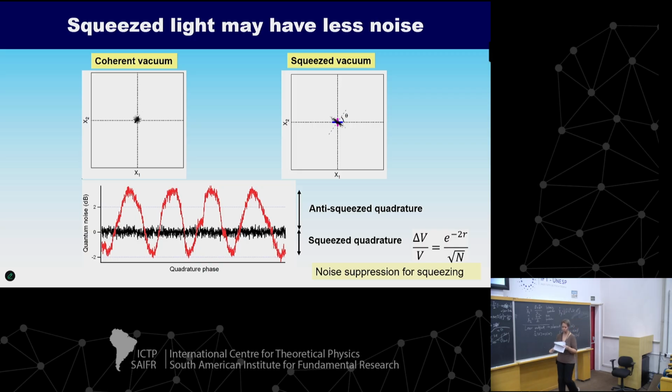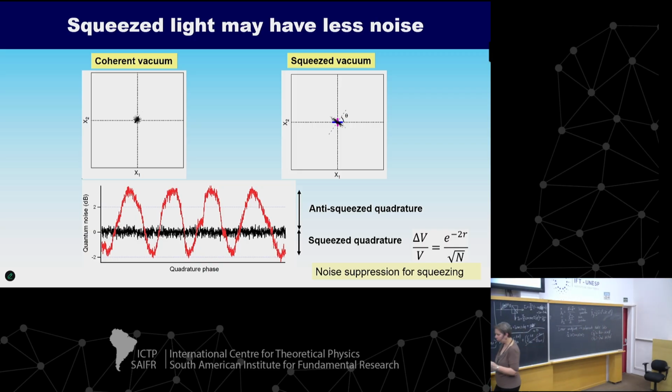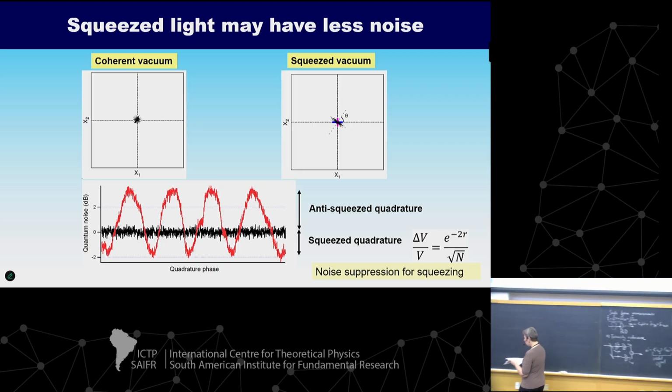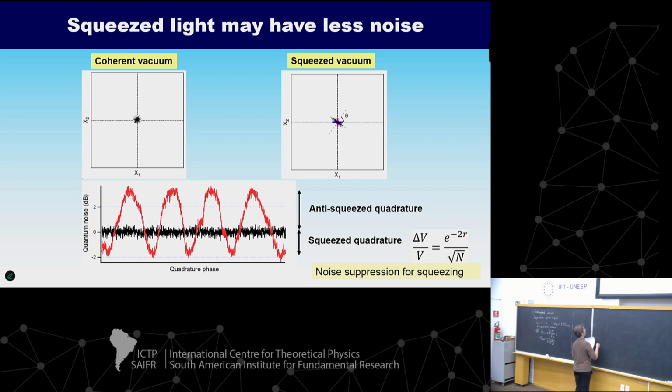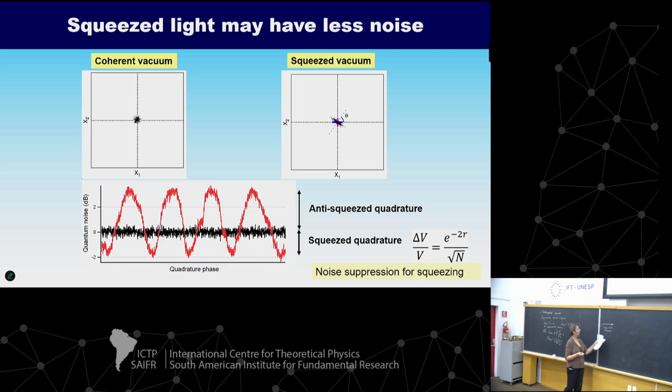Okay, so how are we going to do the detection then? Let's say we have our signal field. So we have our, let's say, squeezed vacuum, or in general, any quantum field we want to analyze. Okay?